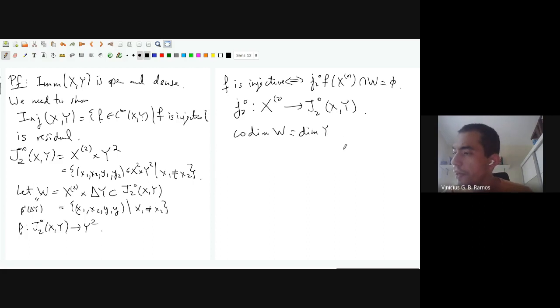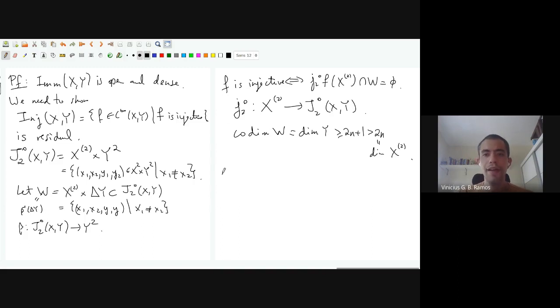And the dimension of Y is bigger than or equal to 2n plus 1, which is bigger than 2n, and 2n is the dimension of the domain. So you see that this intersection is empty if and only if you're transverse again. So you cannot be transverse unless you're empty because of dimensional reasons.